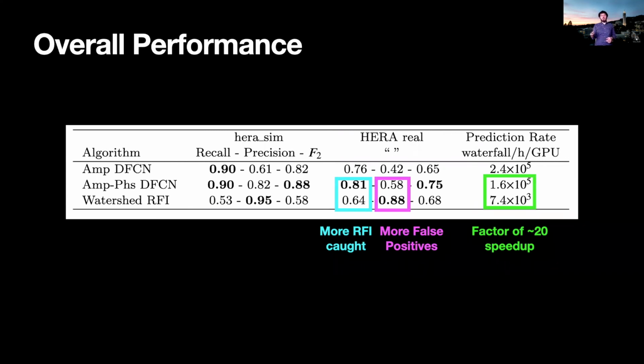And importantly, given some of our computational expenses, it's much, much faster. You don't want to be too hung up on the computational performance. It's better to get the right answer, but in this case it's a nice bonus that not only do you get a better answer, you also get it faster. So it's definitely motivation for applying this to actual HERA data.